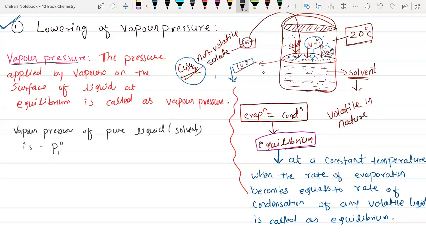Understood? Okay, now lowering of vapor pressure.